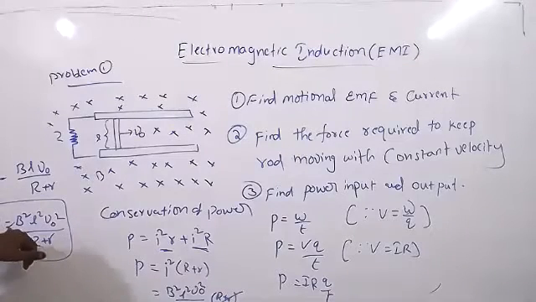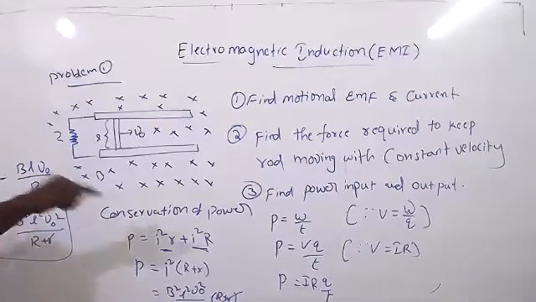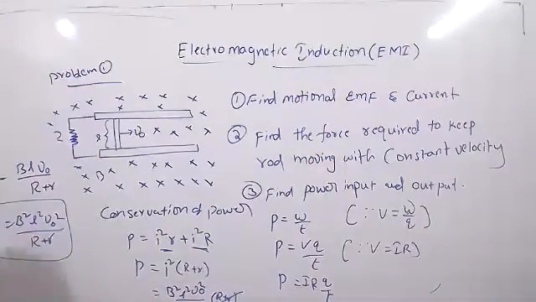This is the power output. So power input, how much did we get? Same. Power output also we are getting the same. So power input equal to power output. So conservation of power. Remember this type of questions. If they ask power, even so we can calculate that.